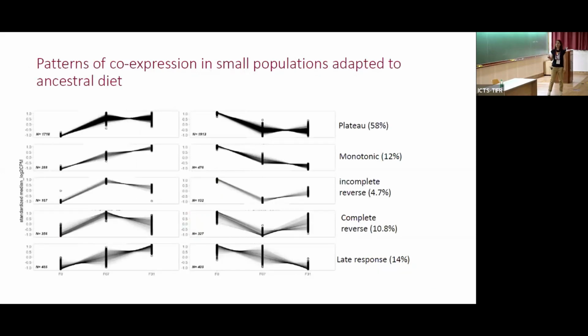And looking at the patterns of co-expression of different groups, the ones that plateau, the ones that are monotonic, or the ones that have reversed, we observe that still the majority of them plateau, and a small fraction of them continue to decrease or increase in their expression. It is more similar to what we observe in our large populations compared to the small populations.